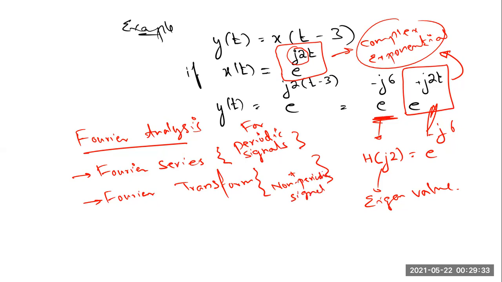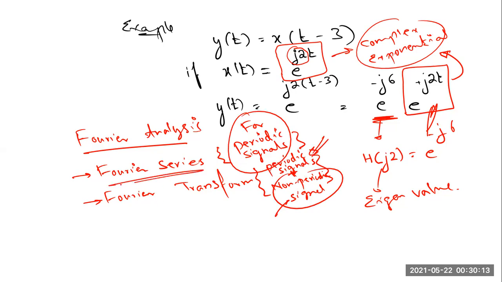But we will look into the detailed explanation of this. Fourier transform is a general transform, so you can even use it for periodic signals under special circumstances. Fourier series is used for periodic signals generally; we cannot use it for non-periodic signals. Fourier transform is usually used for non-periodic signals, but we can also use it for periodic signals.